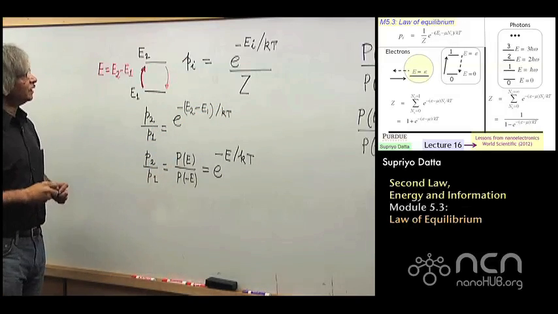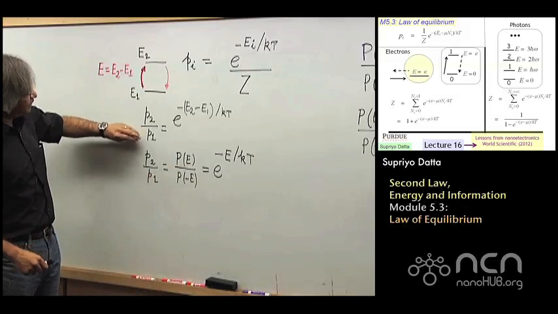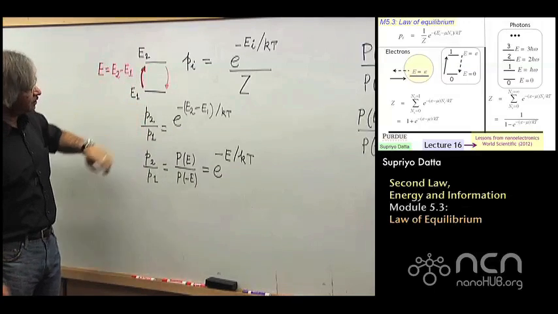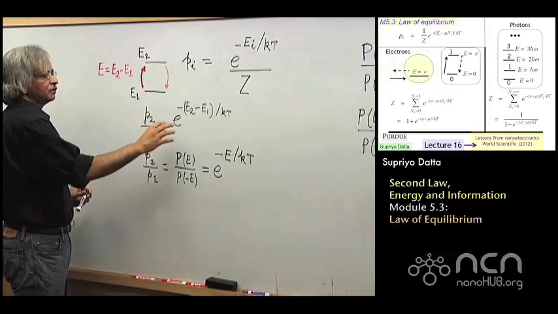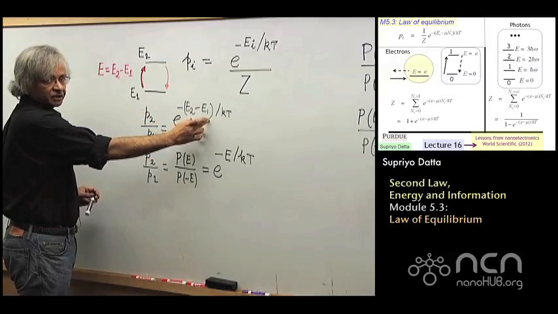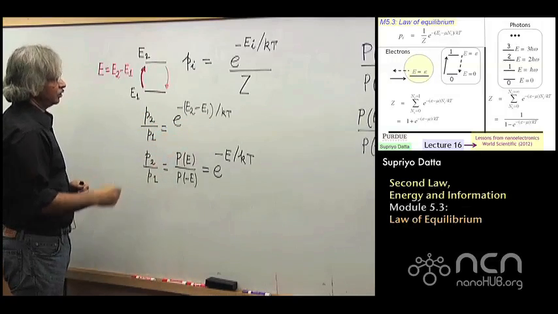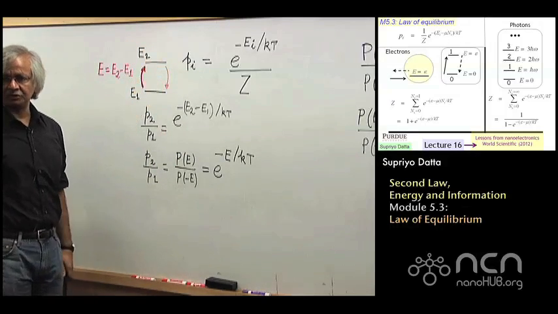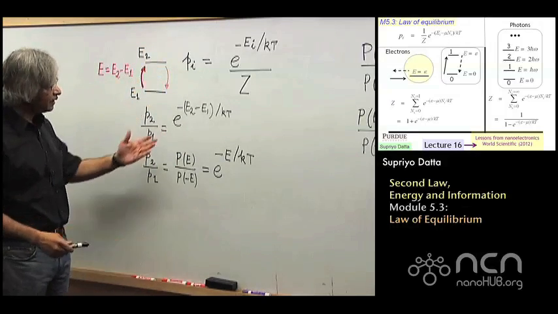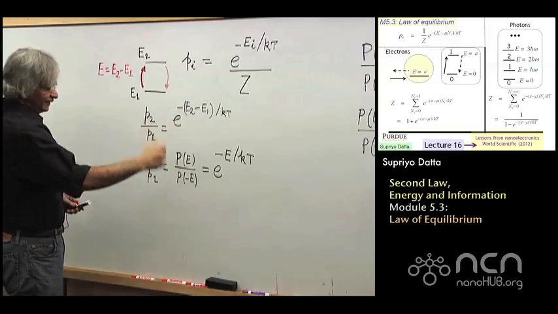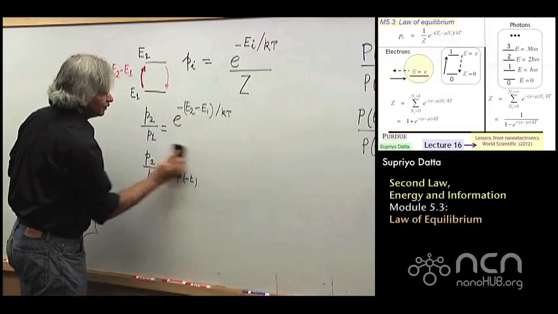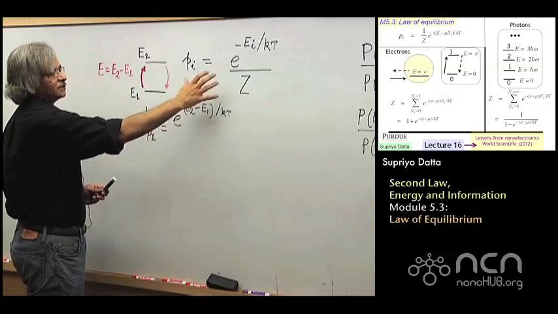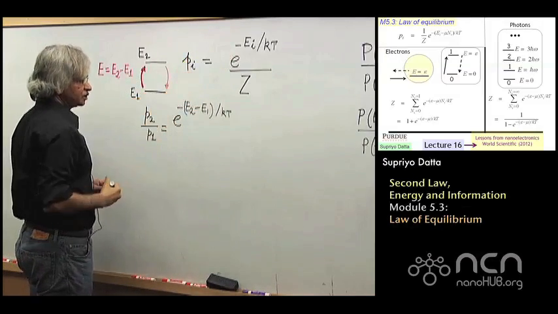So the equilibrium probabilities of finding the system in different states 1, 2, etc. must be such that their ratio obeys this relation, because then it will ensure that the rate at which things go up would be balanced by the rate at which things go down. And you can see that this is automatically satisfied if this basic law of equilibrium holds.